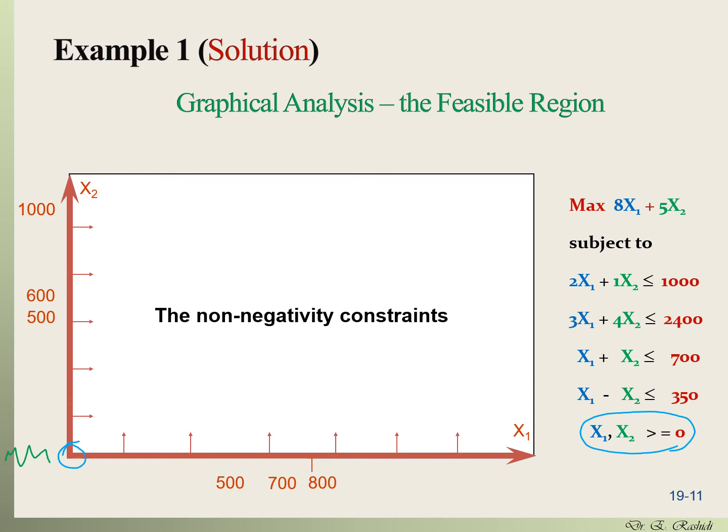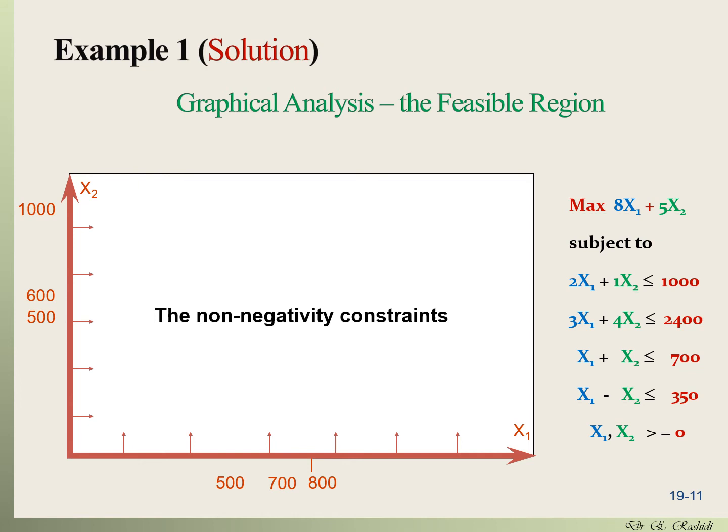So we don't care about that either. We're only going to focus on this confined white square space bounded by these two axes. This is going to be our non-negative space.